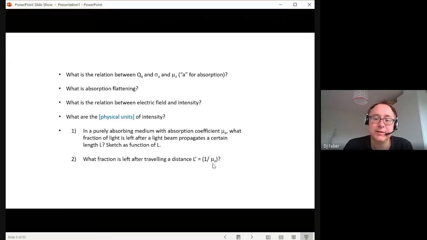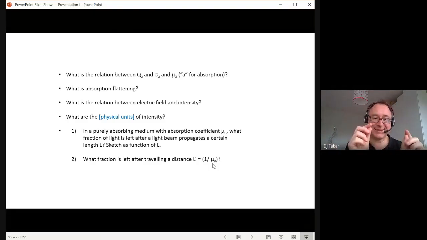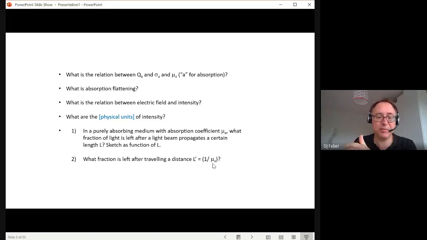If you have molecules that are randomly distributed, then... Okay, brief sidestep. We have basically two ways of looking at the interaction of light with tissue from a physical point of view. We can think of electromagnetic waves that travel through a medium and that get attenuated or redirected.